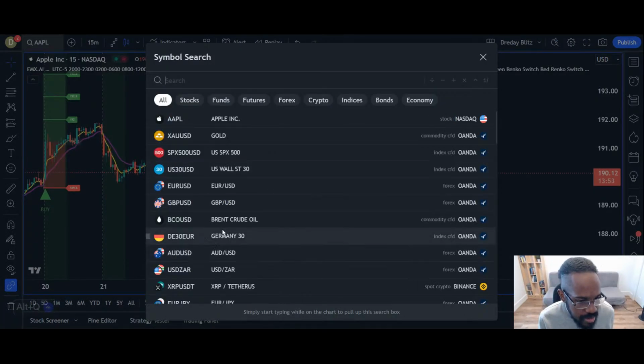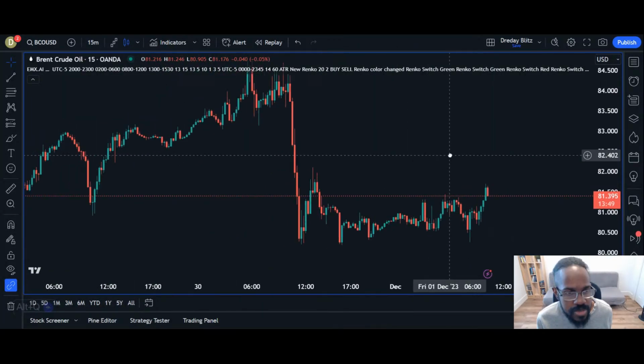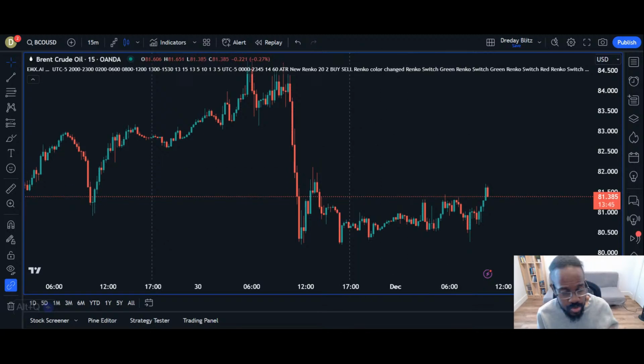And let's look at the crude oil. So this is the ticker for crude oil on Oanda. Make sure to always use your Oanda feed for EMXAI.